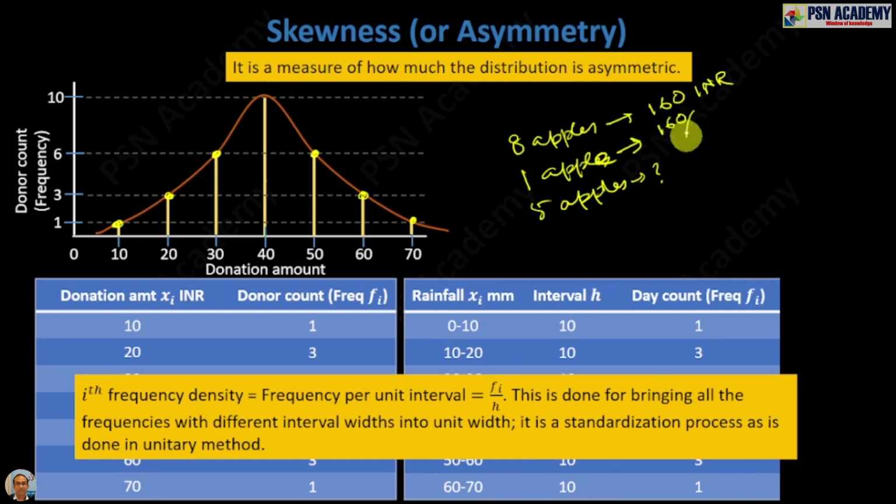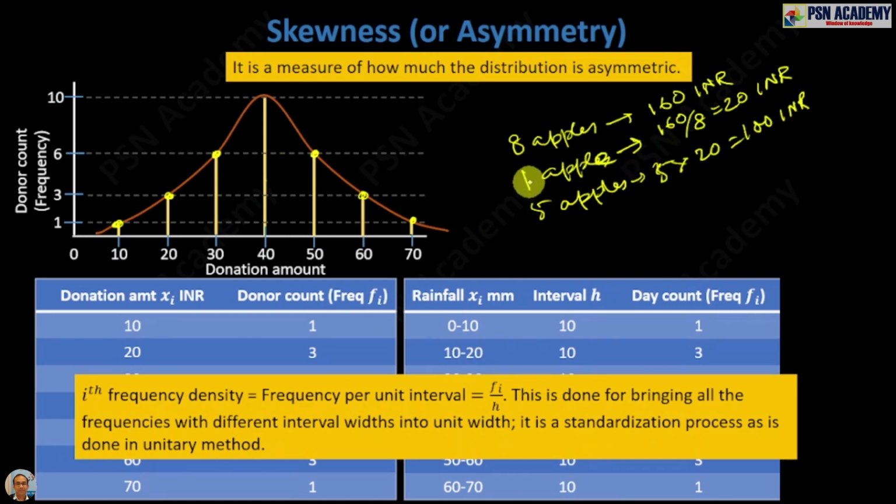Say 160 by 8, that means 20 INR. So you get the rate of each apple, that is 20 INR, right? Now, if I ask you the cost for 5 apples, then you can clearly say 5 times 20, that means 100 INR, right?